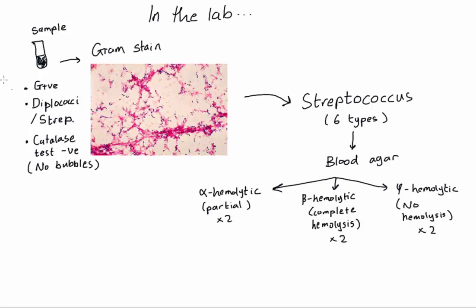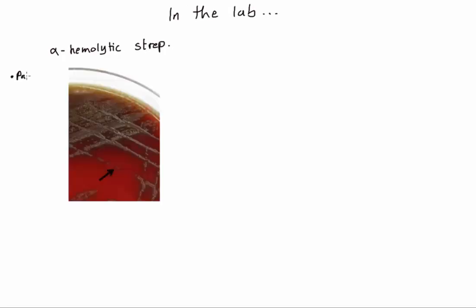Now let's look at how it looks on a blood agar plate. So this is our blood agar, and there are 2 kinds of strep that are alpha hemolytic.